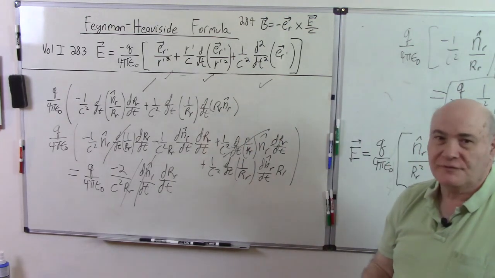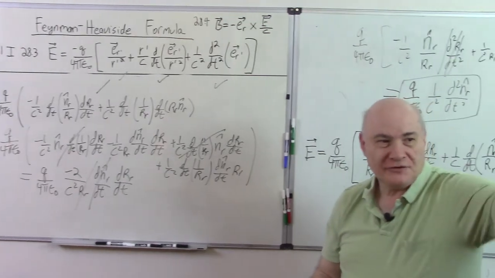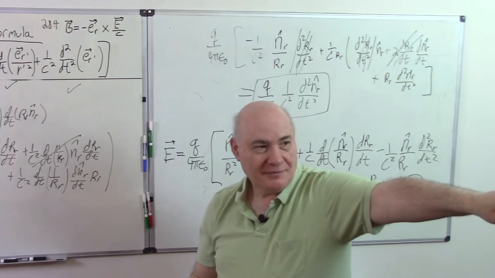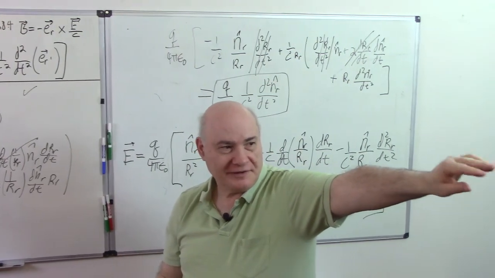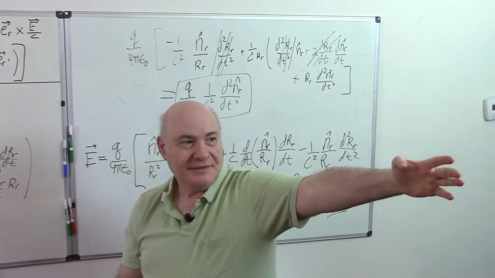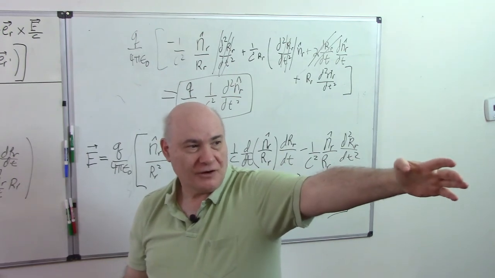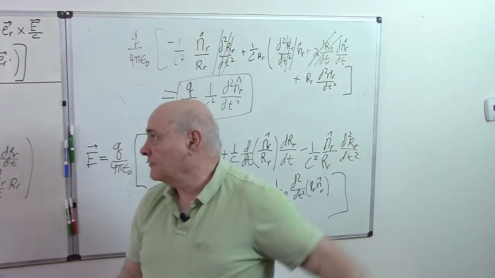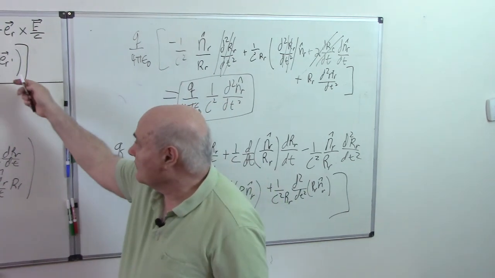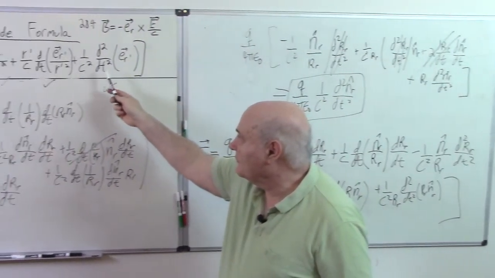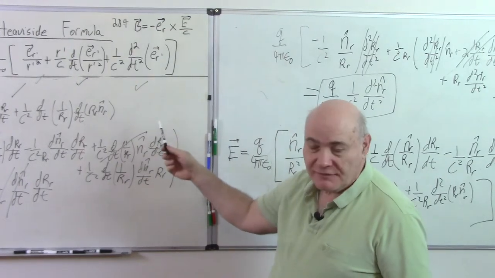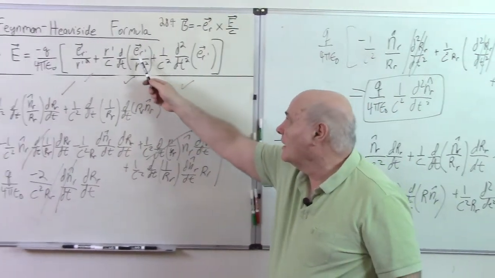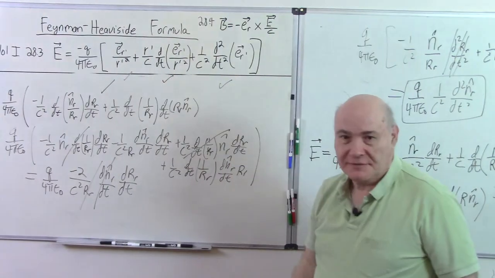So I'm looking at the charge, not where it is now, but where it was. I'm looking at a unit vector pointing to me from there, and then I'm taking derivatives now of that unit vector as the charge moves and the retarded time changes. So this is a very beautiful formula, and the formula for the magnetic field is just a cross product with the retarded unit vector.